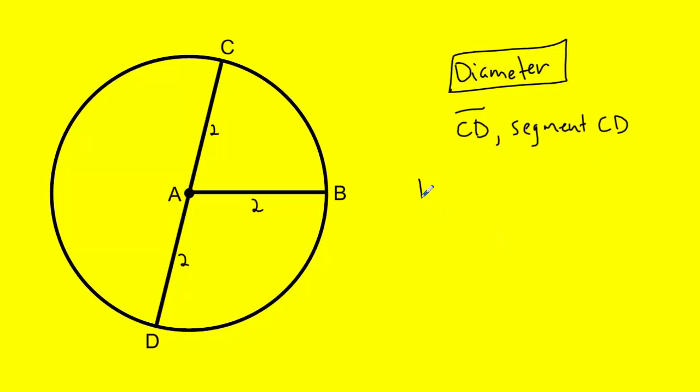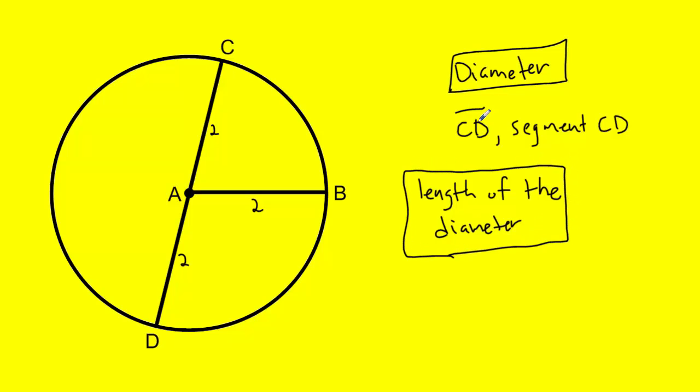Now if I wanted to talk about the length of the diameter, remember the length of the diameter and referring to the diameter are two different things. With the bar above it in notational form like this, we're talking about the actual part. So look at the actual physical part of it, the drawing of it. And now if I'm talking about the length of the diameter, I would put it without the bar. So CD is saying what is the length? In other words, what's the distance from C to D?